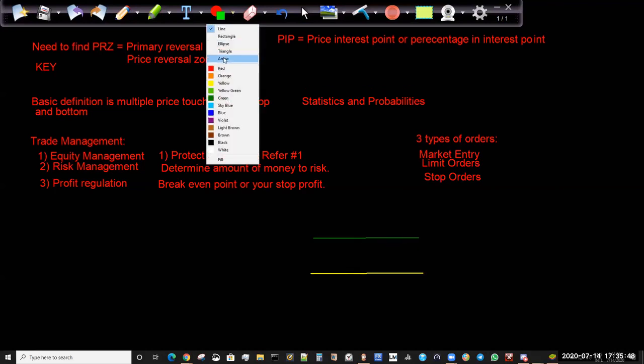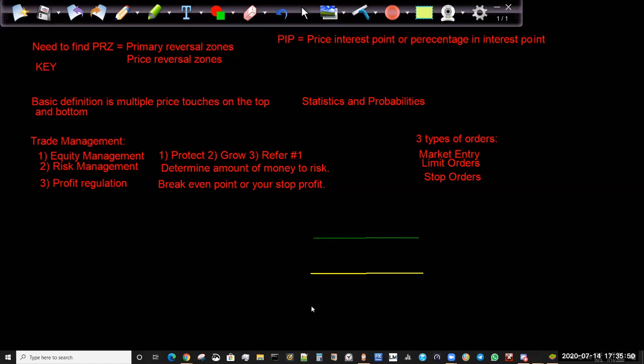And I use red for my stop loss. You're going to get trade ideas, and the trade ideas are going to have entries, take profit, stop loss.